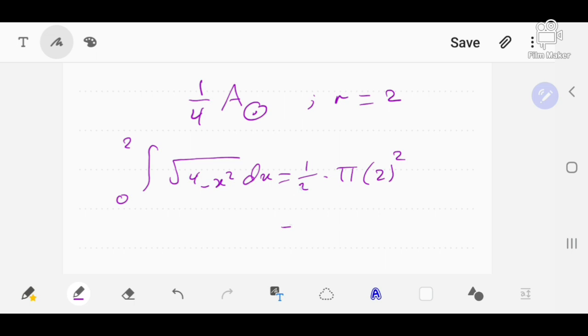So 1 over 4 times 4, so that's only pi. So the integration is equal to pi, or in other words, the area of this quarter circle is pi only.